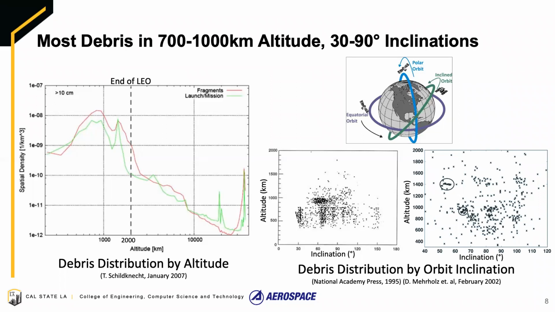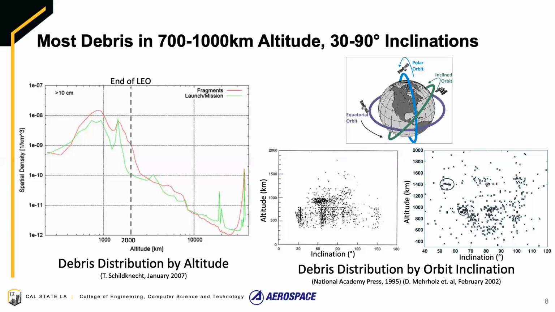Then on the right, we can look at different debris distributions at different orbital inclinations. As seen in the figure on the top right, the orbital inclination describes the angle at which a satellite orbits around the Earth, where a 0-degree orbit goes around the Earth's equator in an equatorial orbit, and a 90-degree orbit goes around the poles in a polar orbit.